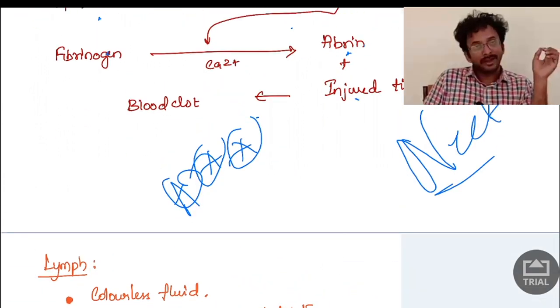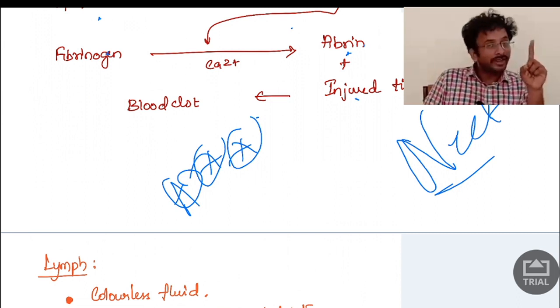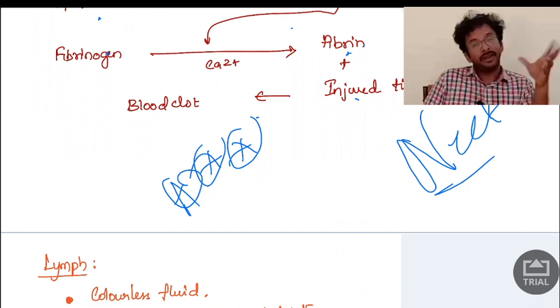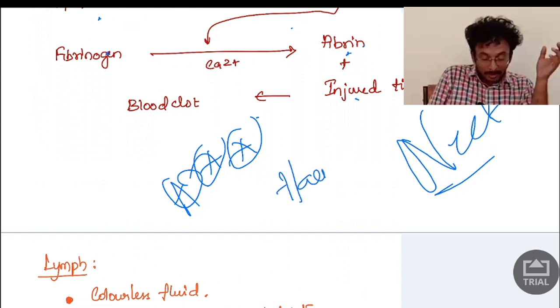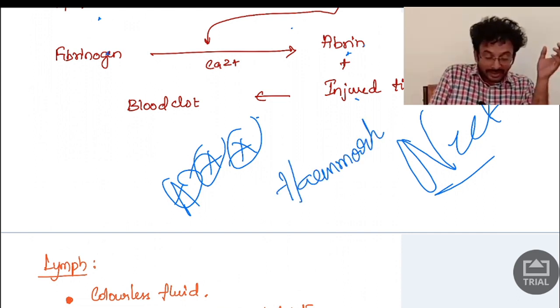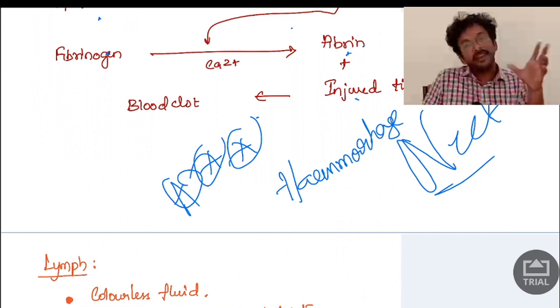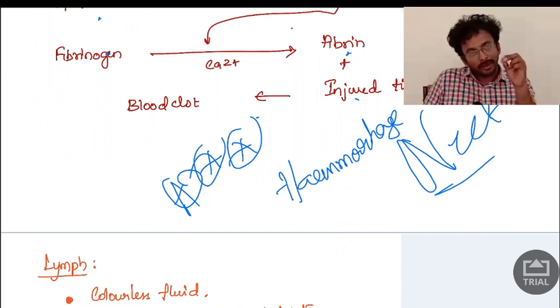This is how the mechanism occurs. Understand? But during accidents or hemorrhagic conditions, if there is no blood clot, over-loss of blood leads to hemorrhage. At that time, these blood platelets are very important, my dear, which will form a clot at the place where it is needed.